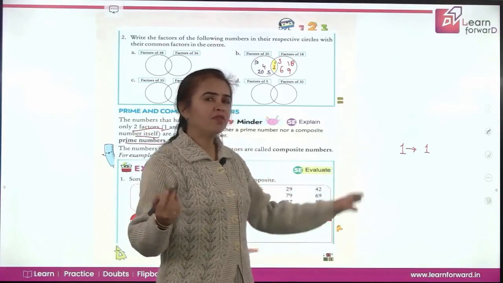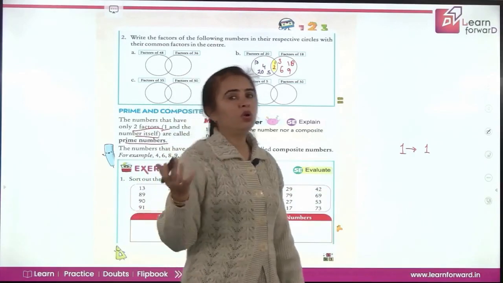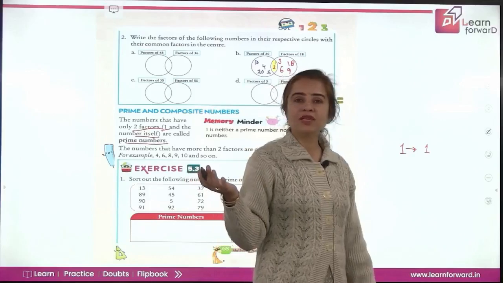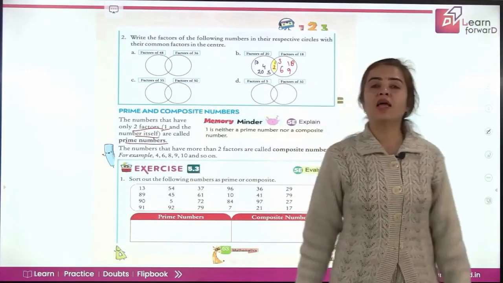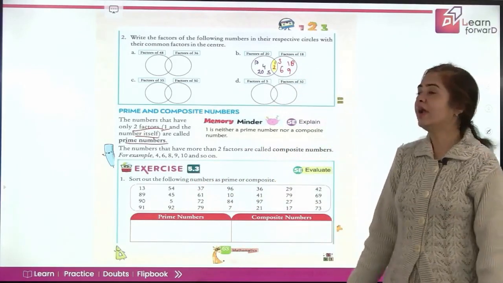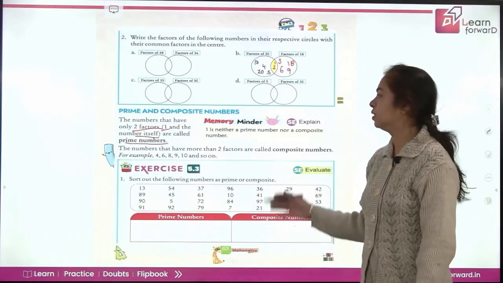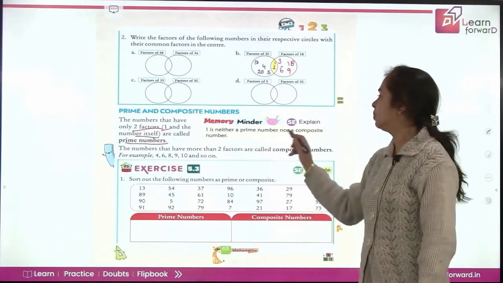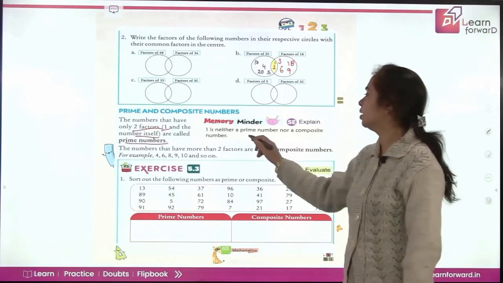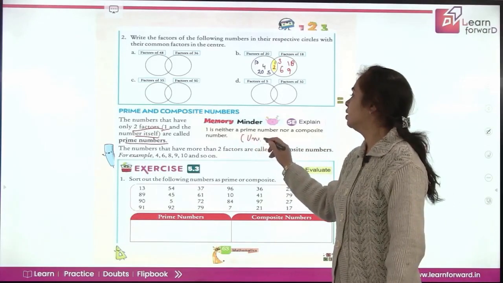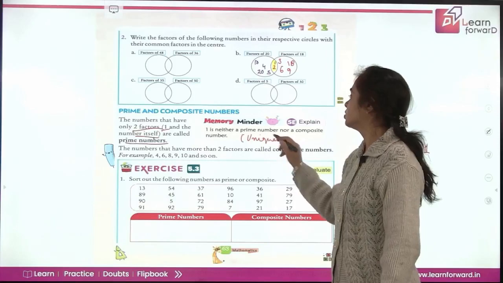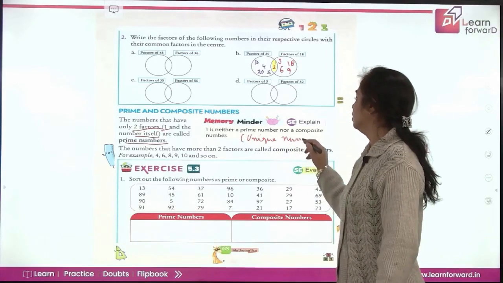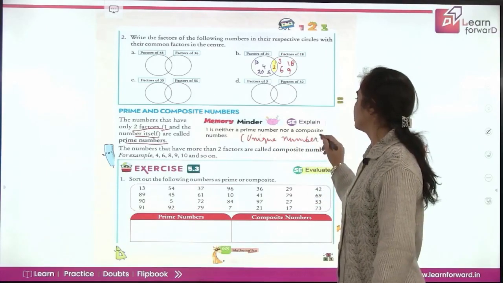Does it have more than 2 factors? No. So it's not even composite. What is it? It is neither prime nor composite, children. And this is the only number that is called a unique number. So 1 is neither prime nor a composite number. We call it a unique number because this is the only number with just one factor.